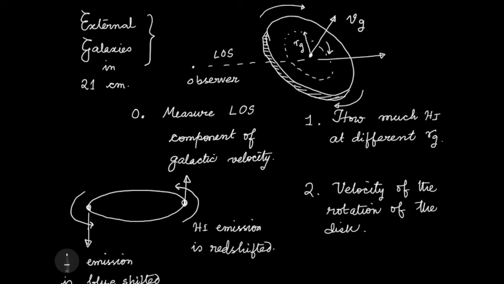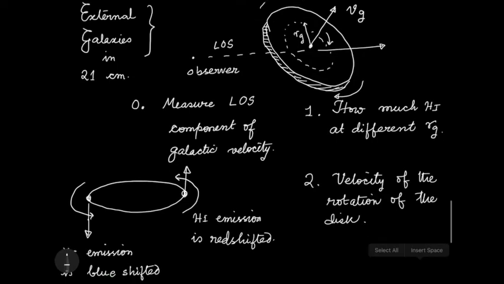This gives you a lot of information, and one of the conclusions that comes out of the measurements of this velocity of the H1 disk of a galaxy is the fact that these galaxies host a huge amount of dark matter. That we will discuss later, but for the time being, this is what a single example H1 observation can do.